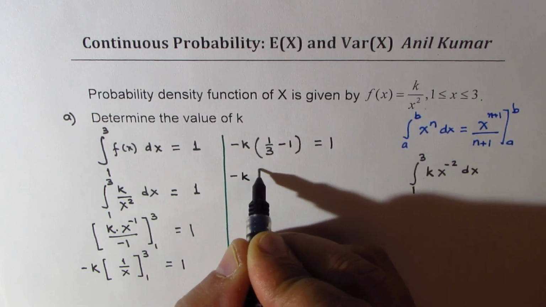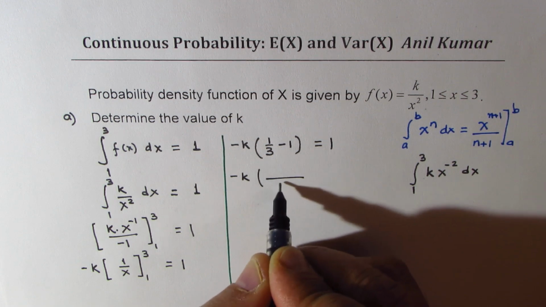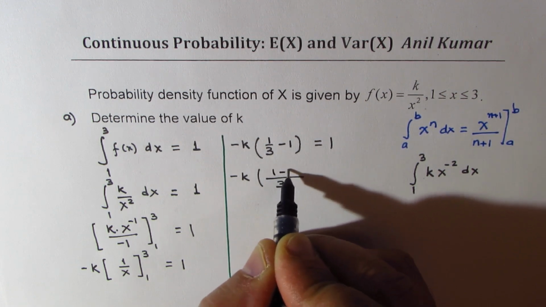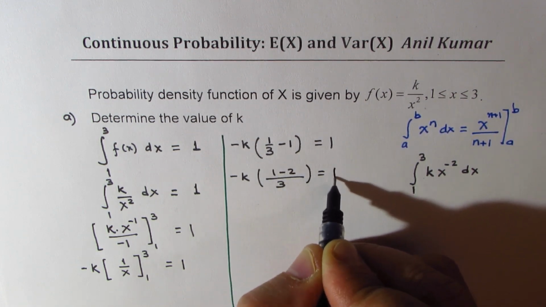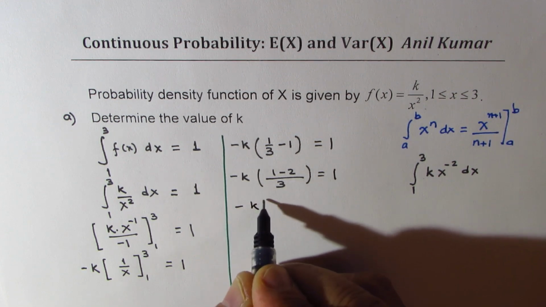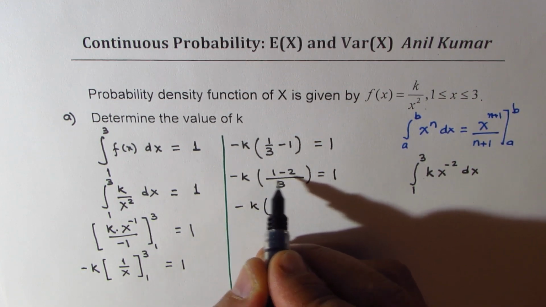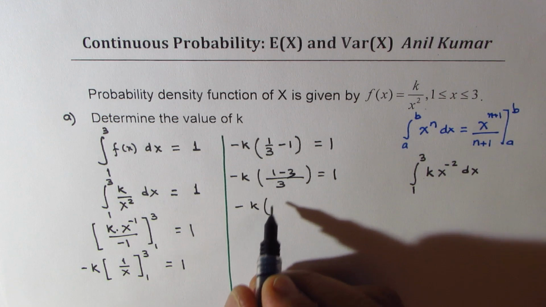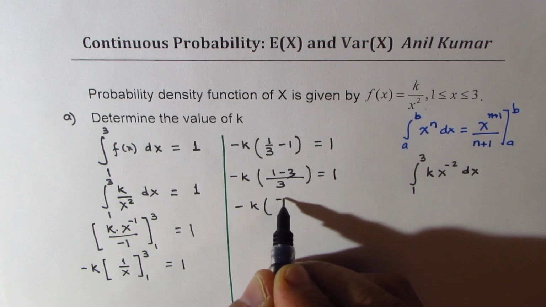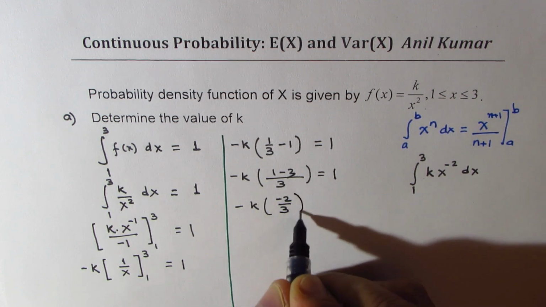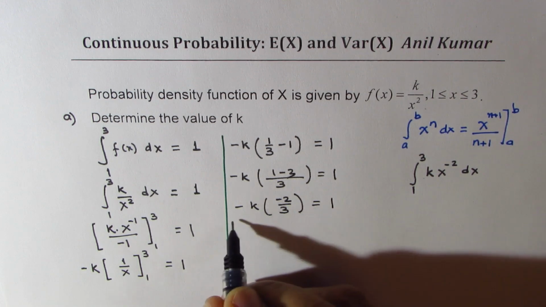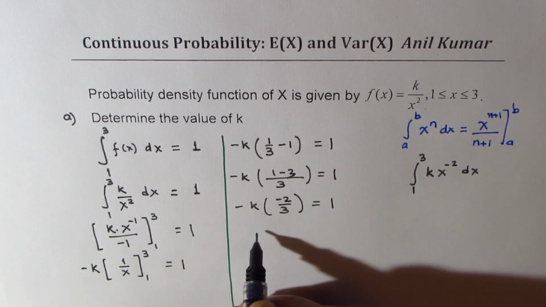So that gives you, 3 is the common denominator, 1 minus 3 over 3, which is minus 2 over 3, and this is minus k, times minus 2 over 3 equals 1. When you cross multiply, both negatives become positive.